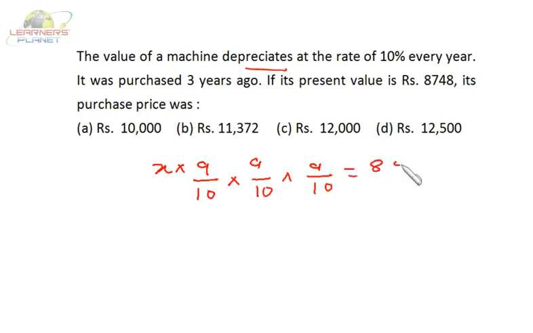So finally this calculation is 8748. Now we have to calculate the value of X. Friends, since all the options are in whole numbers, definitely this number 8748 will be cancelled by these 9s. Okay, let's do it. 9 9s are 81, 9 7s are 63, 9 2s are 18.